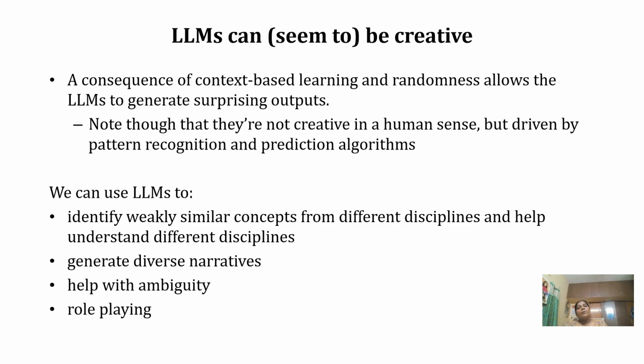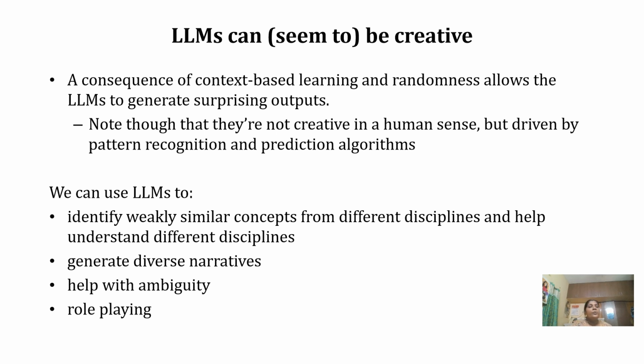So when you talk about LLMs, they can be creative. Creative in the sense that, even though it cannot think like a human, it could seem to be creative. We'll see how it works. So a consequence of context-based learning and randomness allows the LLMs to generate surprising outputs.